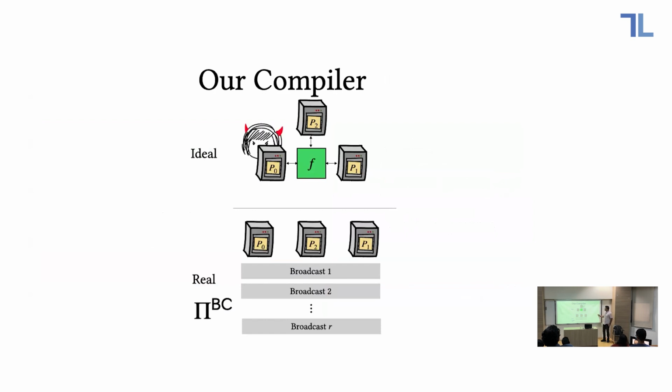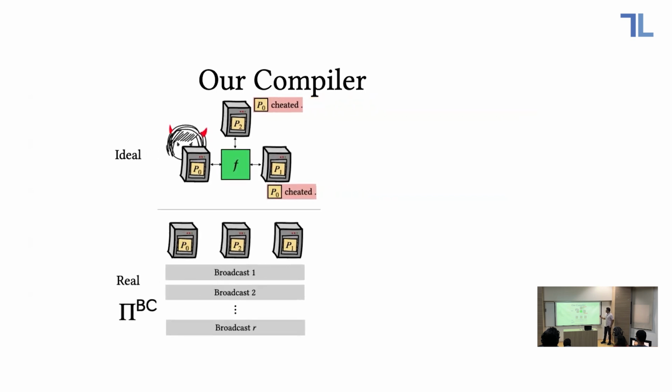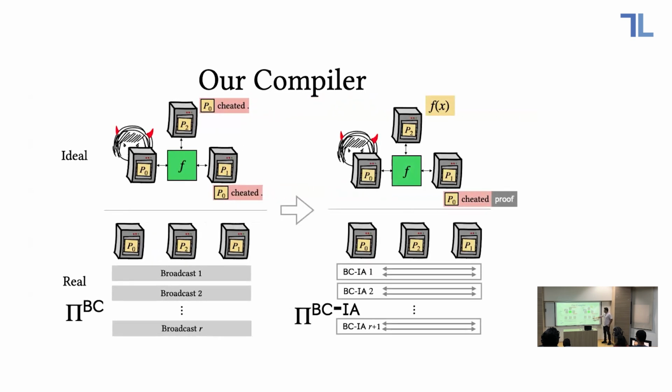In particular, the ideal functionality guarantees that if one of the parties invoking it is corrupt, then everybody else is going to identify this person and be in agreement about it. The protocol that realizes this functionality has a bunch of broadcasts that it may do. This is the input to my compiler. Like I said, I don't want to rely on broadcasts, so I define a compiler which replaces each invocation of broadcast with our new BCIA primitive, the new thing I just defined.